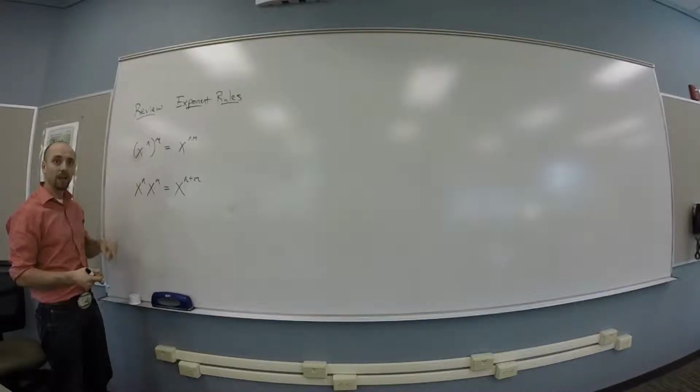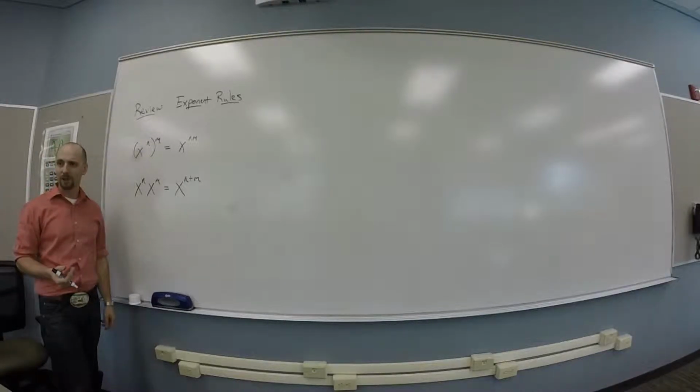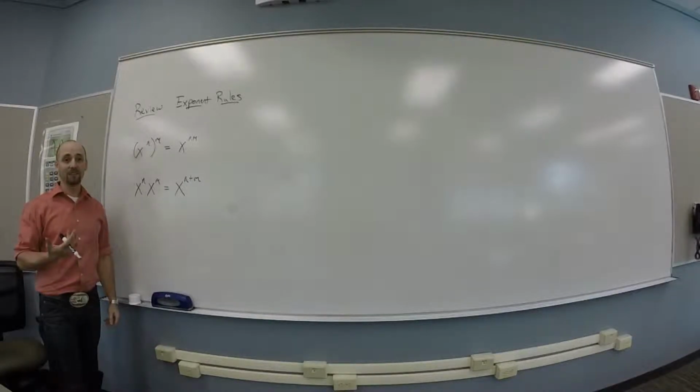Okay, so I've got this one, the multiplication one, this one, the addition one, and then there's this other one that's a little bit nebulous, which is that negative exponents belong on the other side of the fraction bar, right?